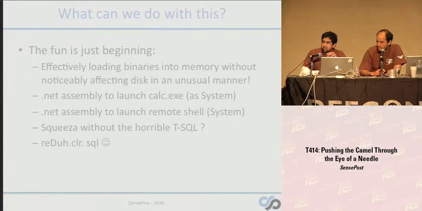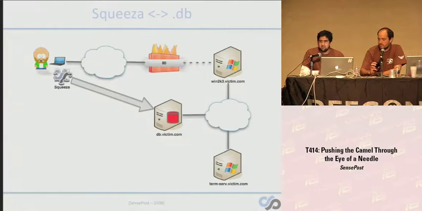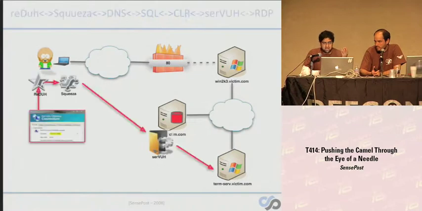But in the short term, what it's allowed us to do is combine Squeezer and the redirection that we showed you via JSP or ASP. So essentially what it allows us to do is make another picture. In this case, consider that Squeezer basically abstracted this link so that it didn't matter how many hoops you went through, you and the database seem to have a clear connection. We can now dump the JSP file equivalent inside a CLR program, get SQL Server to execute that, then push our traffic through Squeezer.